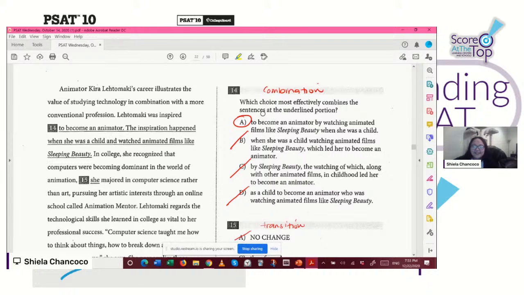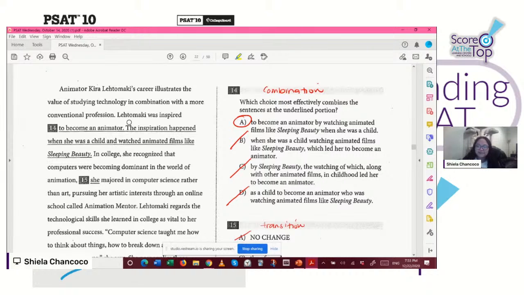So as you can see for A, right? Letomaki was inspired to become an animator, right? So yes, she was inspired to become an animator by watching animated films when she was a child. Okay. Those are like she was inspired when she was a child watching animated films, which led her to become, okay, that's too complicated, right?